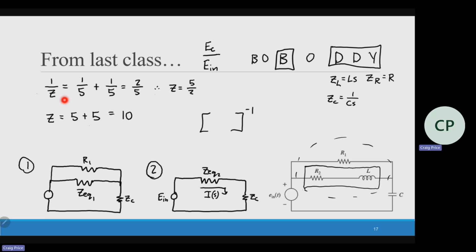Trying to get there. Do you like impedance? Do you like it better than the other? Sometimes. Yeah, no, I agree. Hey, and a good thing is if you get familiar with this, you can do both options on the test to double check yourself. I'm going to try it this way, then I'm going to try it this way, if you have time for it.